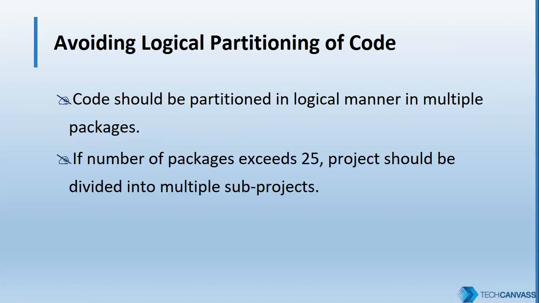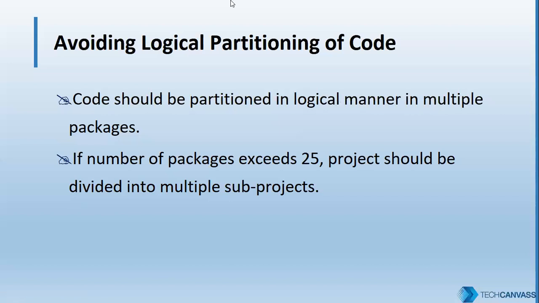Moving ahead, another mistake is avoiding logical partitioning of code. Test automation code should be partitioned in a logical manner in multiple packages. For example, there should be separate packages for pages, separate packages for test steps, separate packages for workflow, domain, etc. There can be a separate package for utilities as well.